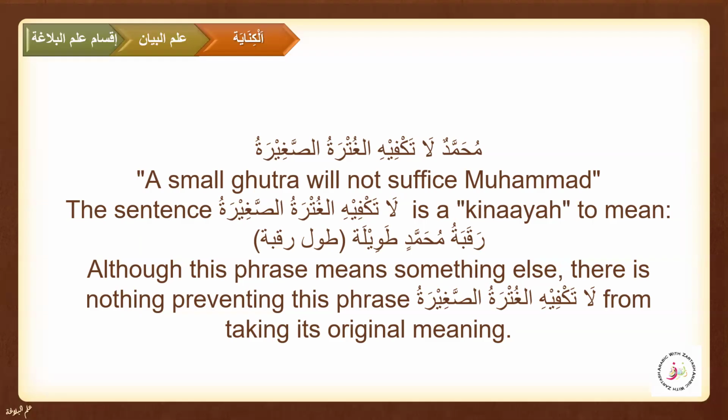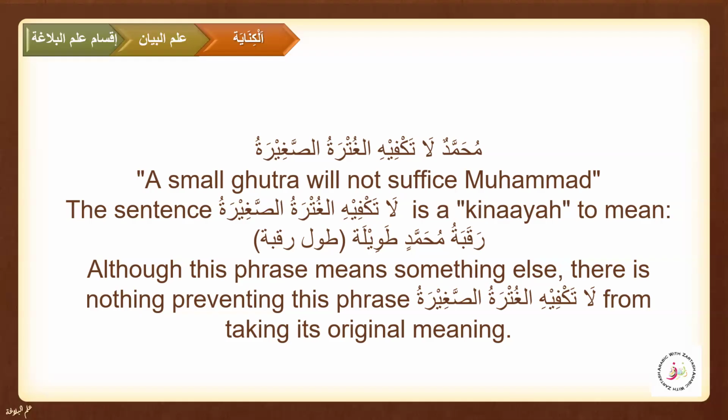What does it actually mean? This sentence is a kinaya, it's hinting at something without saying it directly. So what is the hint here? Rakabatun Muhammadin tawilatun. Muhammad has a long neck. Instead of saying directly that he has a long neck, it uses a more indirect, polite, and stylish phrase, like a small khutra doesn't fit him, which suggests the same idea.